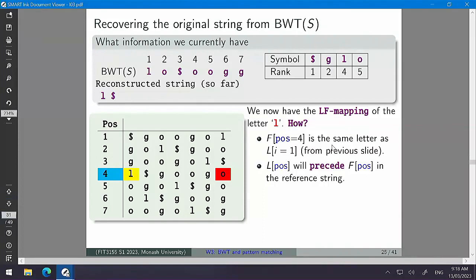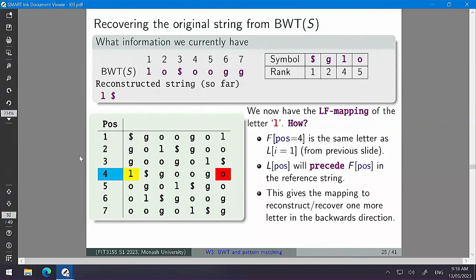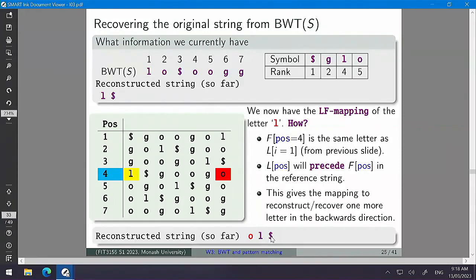We said the first character at position 4 is the same as L, and this letter precedes this letter, which means I am allowed to recover one letter before L, which is that letter in red, which is O. So I have now recovered: I know what $ was, L is where I started, and I recovered O. Now my position is O.